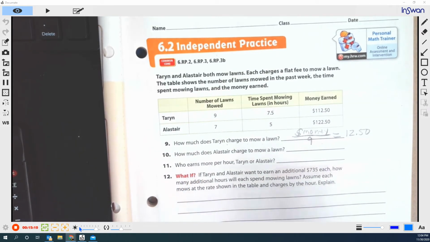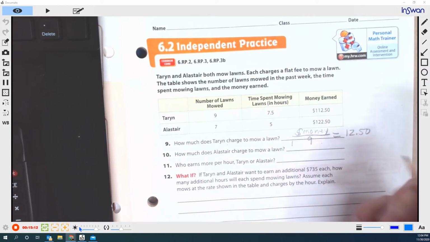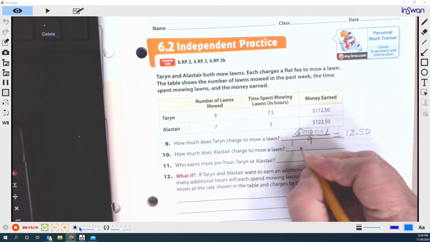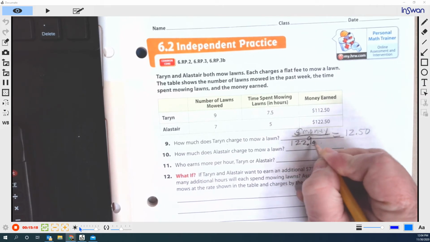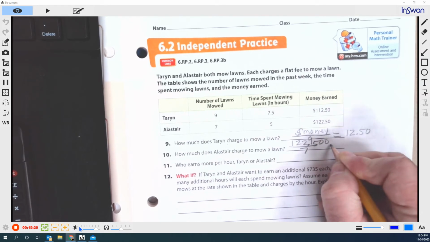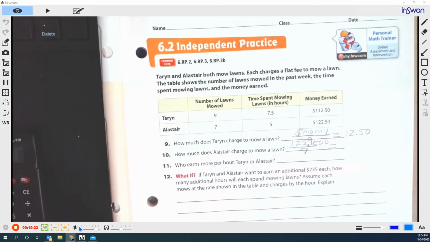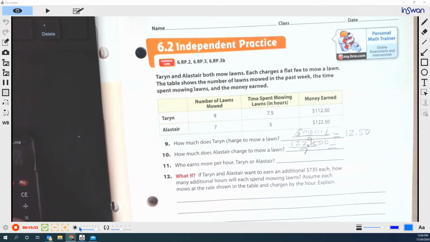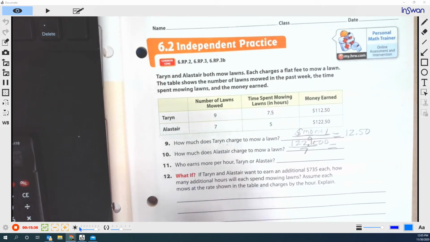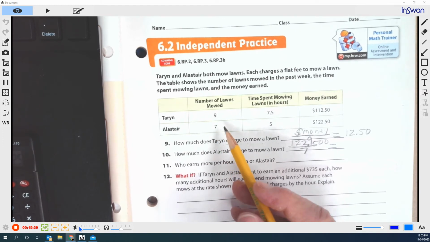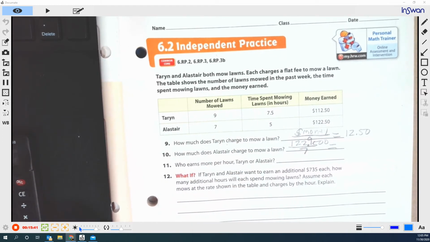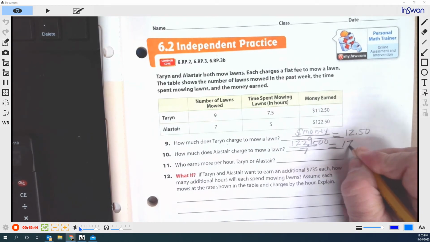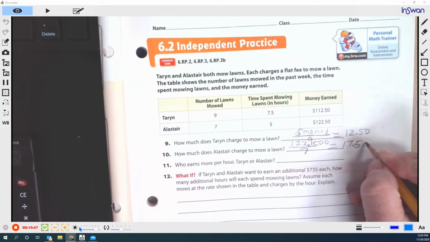Likewise, for Alistair, I would take the money, did I do 122.50 or 112? 122.50 divided by his lawns. Let me see. Yeah, if I take the 122.50 and divide that by the number of lawns that Alistair did, that was 7, then that's going to be $17.50 per yard, okay?